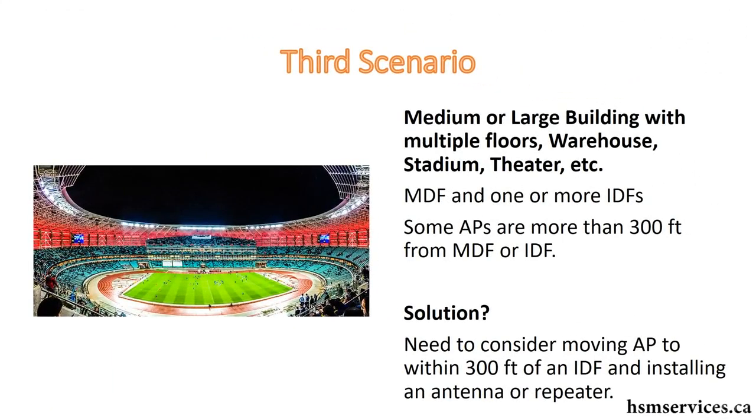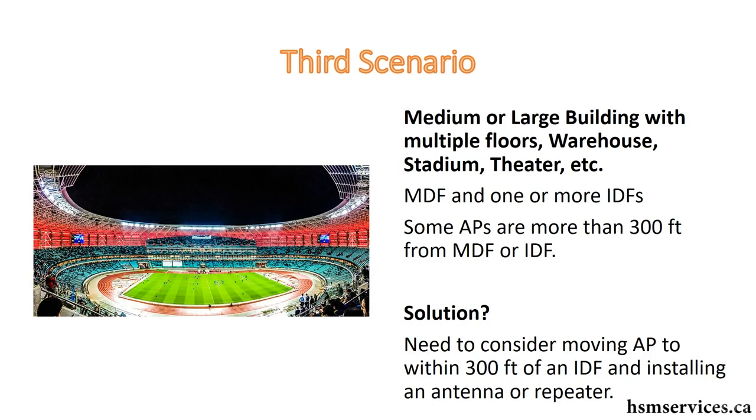So what if we've got a more complicated situation? We need Wi-Fi in this football stadium, or a very large building, a warehouse, a stadium. It's got MDFs, it's got IDFs, but our access points are more than 300 feet from an IDF or MDF.